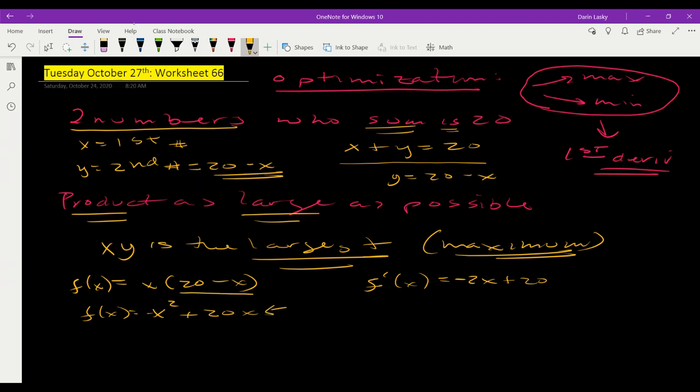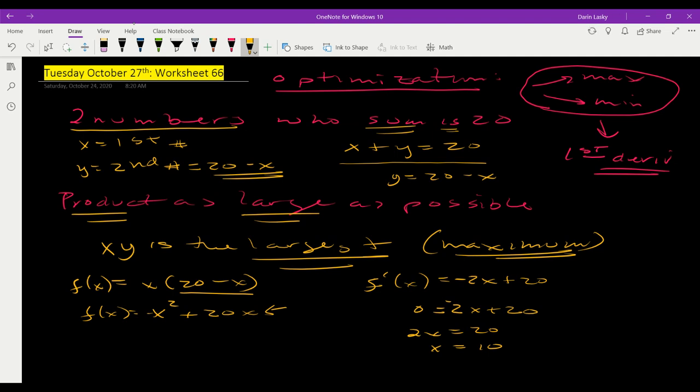So I just took the derivative of my equation. This came from using the first pieces of information. Now I just need to know where it is a maximum. It's going to be where it's equal to 0. So 0 is equal to negative 2x plus 20. If I move the 2x over, 2x equals 20, x equals 10.